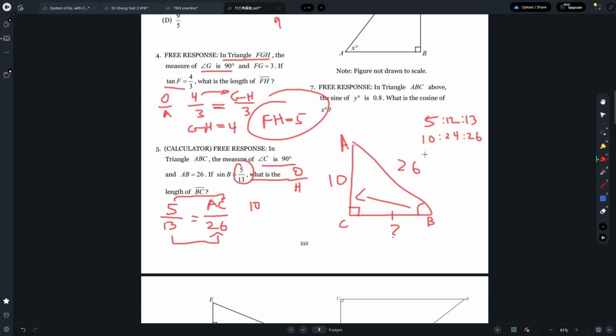And this also works. Same goes for 20, 48, 52. These all work as triples as long as you multiply all the sides by the same number because those are all similar triangles, right? So since we have 2 out of the 3 side lengths in this triple, 10 and 26, we're just missing 24. So 24 would be our answer.